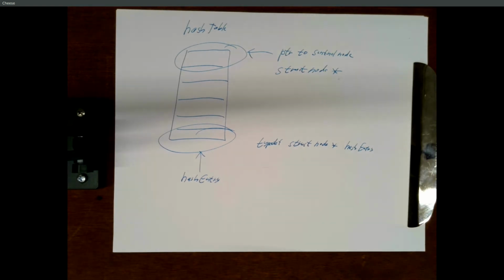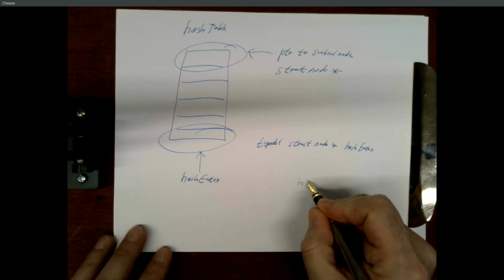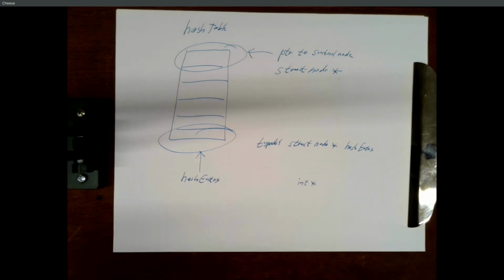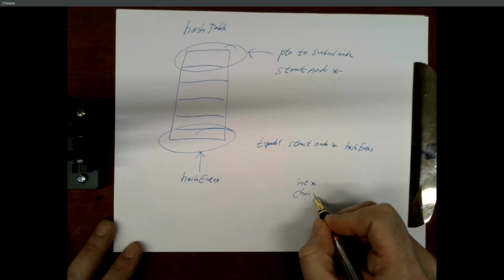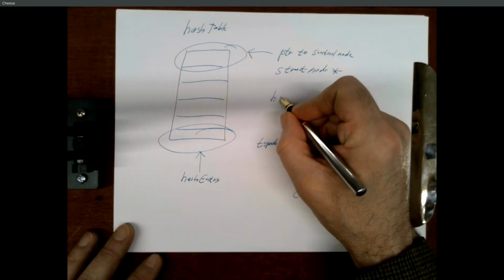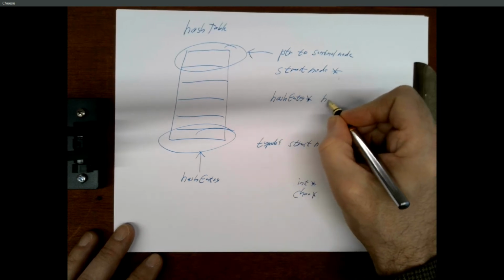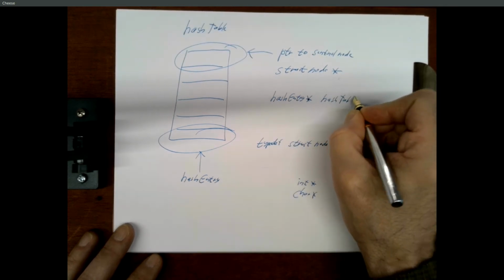Okay, it's really a struct node star. But by calling it a hash entry, well, if it was an integer that I wanted an array of, what would I say? I would say int star. If I wanted an array of characters, I would say char star. If I want an array of hash entries, what do I say? I'm going to say hash entry star. That's what my hash table is going to be.